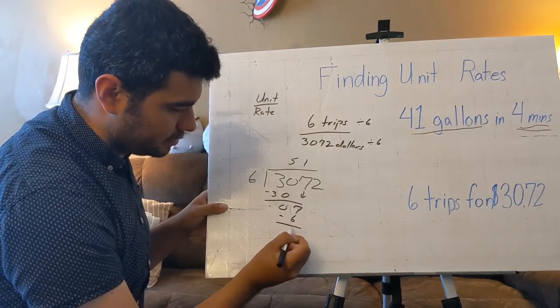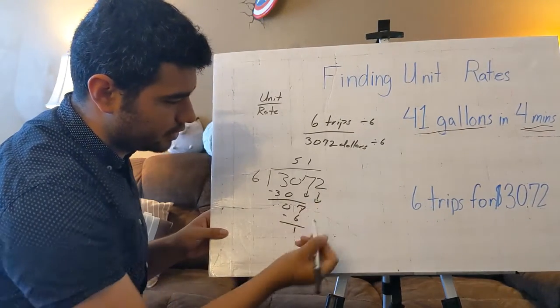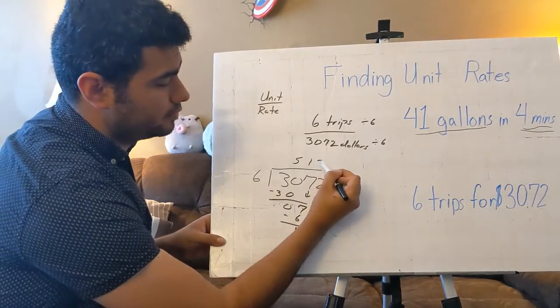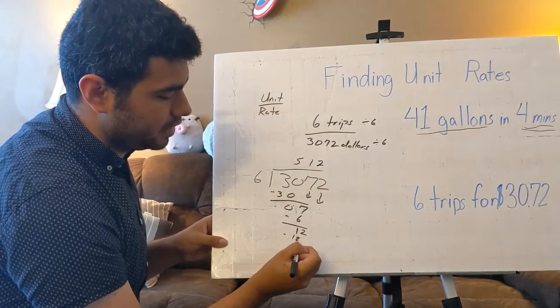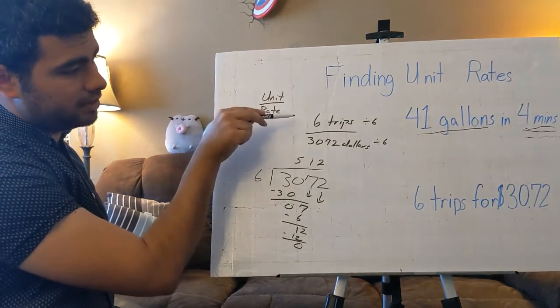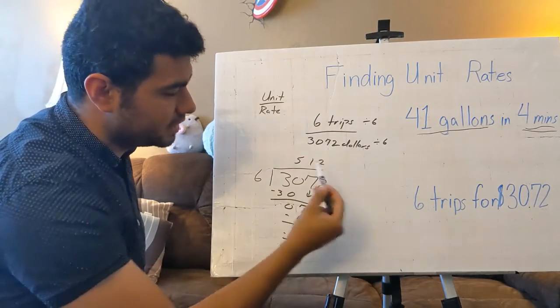Minus that over, bring down the 1, bring down the 2. 6 goes into 12 2 times, and it looks like we will not have anything left over. So I divide the top, 6 divided by 6, we get 1. 3,072 divided by 6, we get 512.